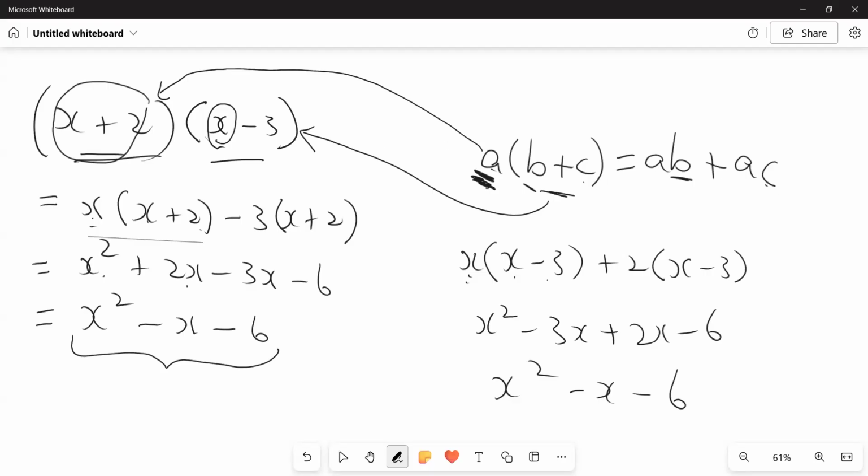The reason we write it this way is just because the letter A comes before B, so I put A before B. The idea is that I multiply everything here by x, and then I multiply everything here by minus 3, and you simplify. For those for whom that logic is confusing, you can do it the other way: you take this x times everything here, and then this 2 times everything there.